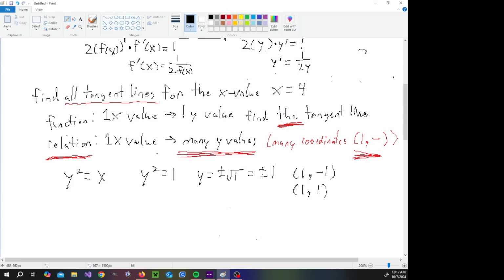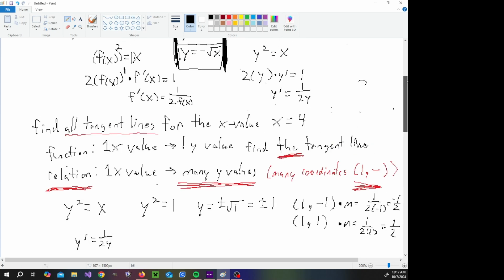So now we figured out that y prime is equal to 1 over 2y. So for this coordinate, m is equal to 1 over 2 times negative 1, aka negative 1 half. Now for this coordinate, m is 1 over 2 times positive 1, so this should be positive 1 half.